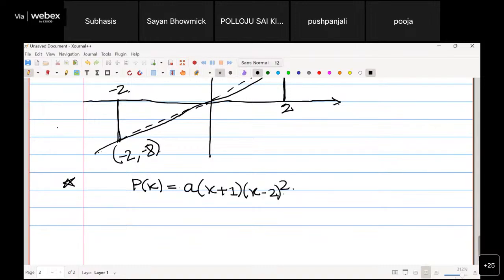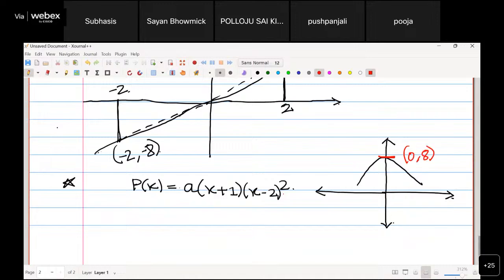So this is the polynomial, and you know that this graph of the polynomial intersects the y-axis at 0, 8, right? That means at x equal to 0, P of 0 is 8.